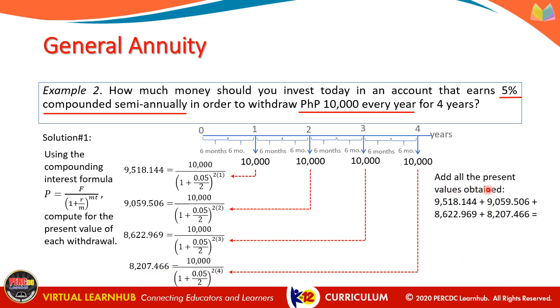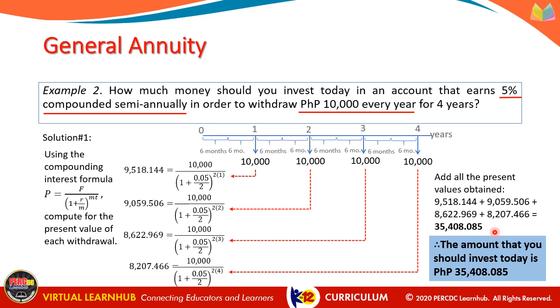Next step, just add all the present values obtained: 9,518.144 plus 9,059.506 plus 8,622.969 plus 8,207.466. That is equal to 35,408.085.